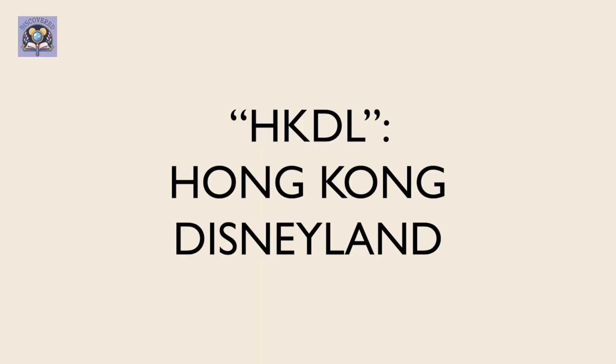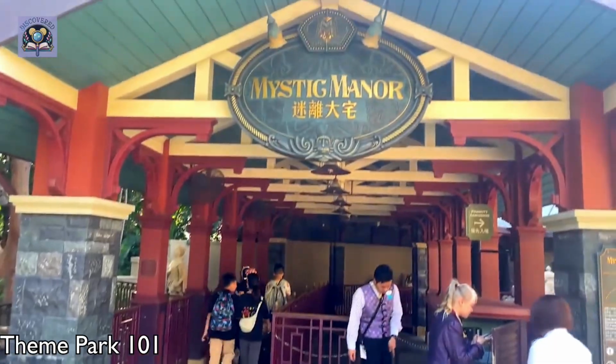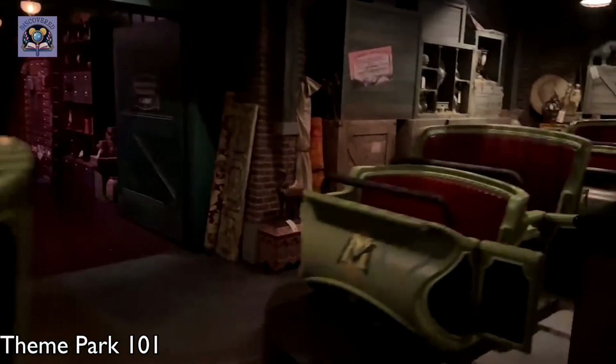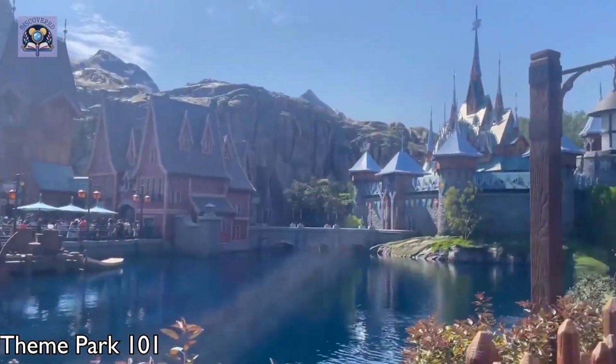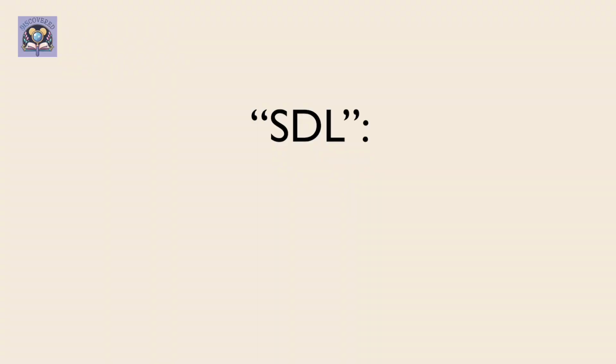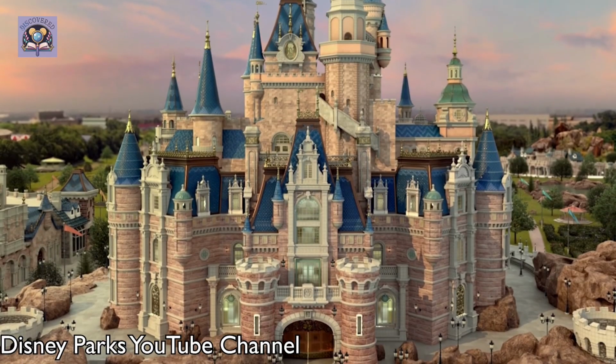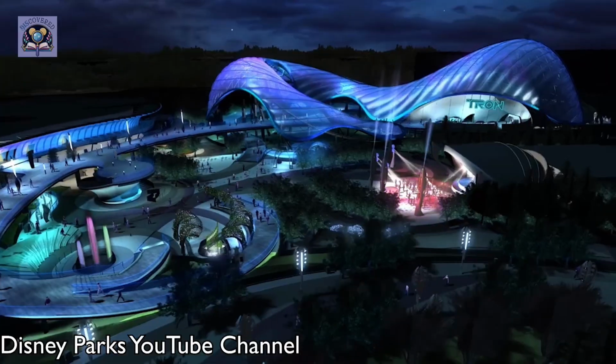HKDL, Hong Kong Disneyland, home to the unique Mystic Manor, their version of the Haunted Mansion, and the new World of Frozen land. SDL, Shanghai Disneyland. It's one of the newest Disney parks, has a giant castle, the original Tron ride, and Zootopia Land.